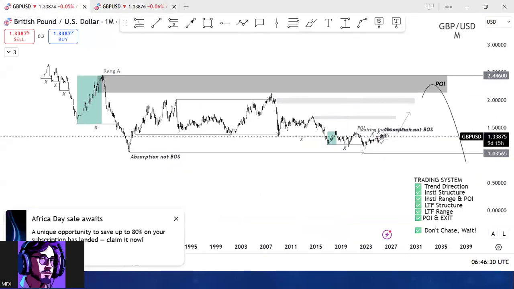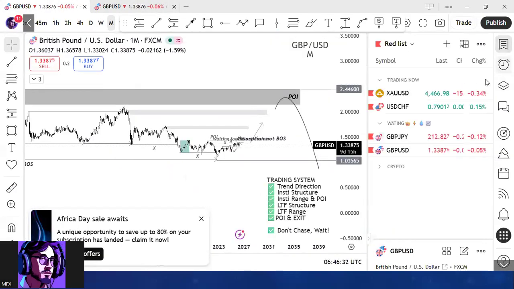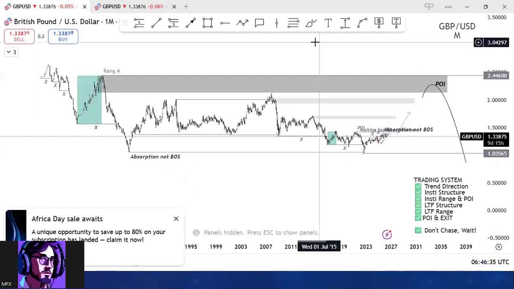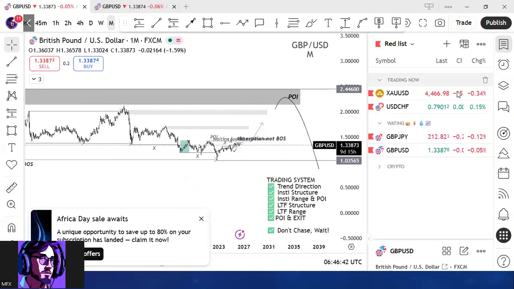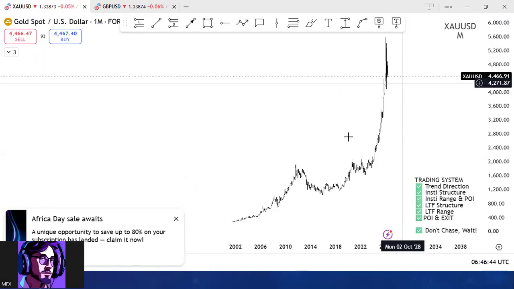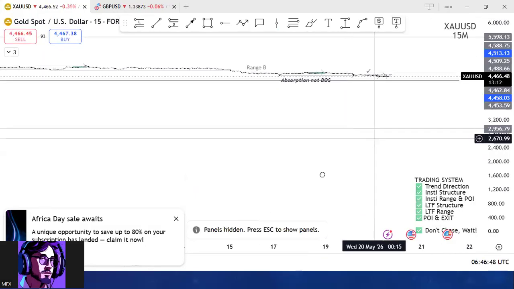And I'm going to use my current trade to give you guys an example of what I'm talking about here. I'm going to use my current trade, which is this XAU, pardon me.